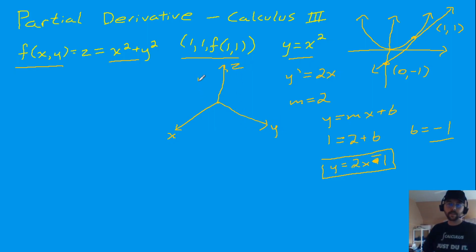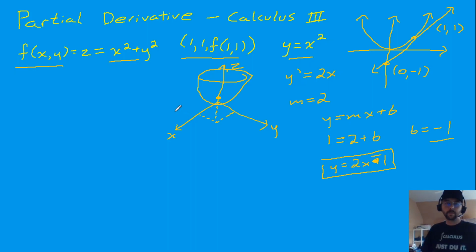And this is going to also have kind of a parabola shape, but it's going to basically look like a bowl, or maybe like a tornado shape. It's like a parabola, but it has 3D circles all extending upward on the z-axis. And here we're going to consider this point, which was 1, 1, 2. So we go 1 on the x, 1 on the y, 2 on the z.